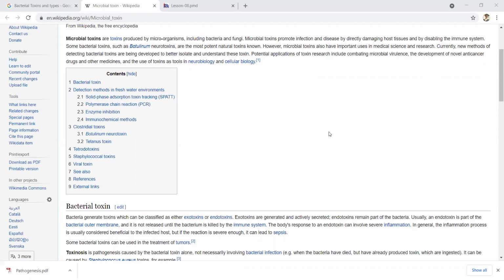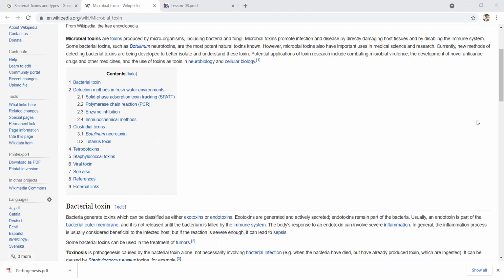The immune system cannot work. Some bacterial toxins, such as botulinum neurotoxin, which I mentioned a while ago, from Clostridium botulinum, a foodborne disease, are the most potent natural toxins known. However, microbial toxins also have important uses in medical science and research, which is being researched now.